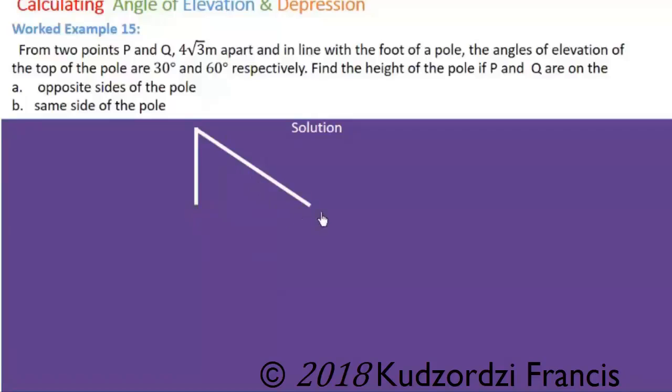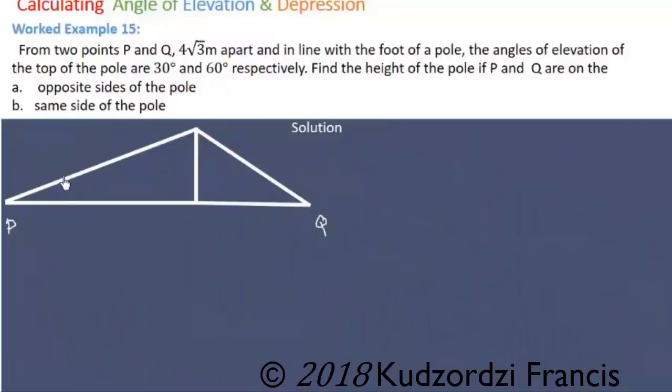So let this be P, then let this be Q. We are told that one of the angles is 30 degrees and the other one is 60 degrees. The nearest is having a higher angle of elevation, and they are 4 root 3 meters apart.